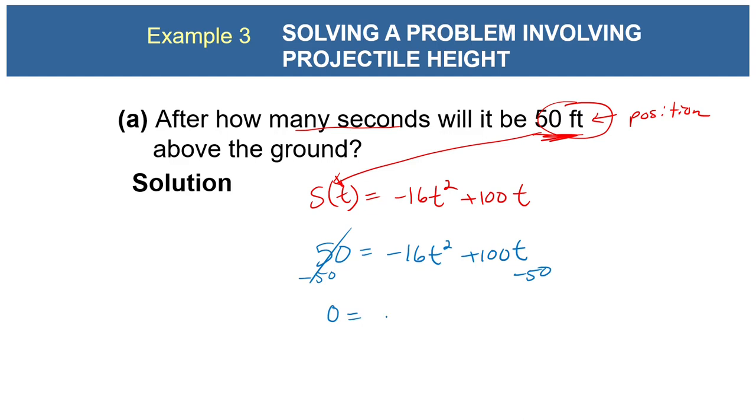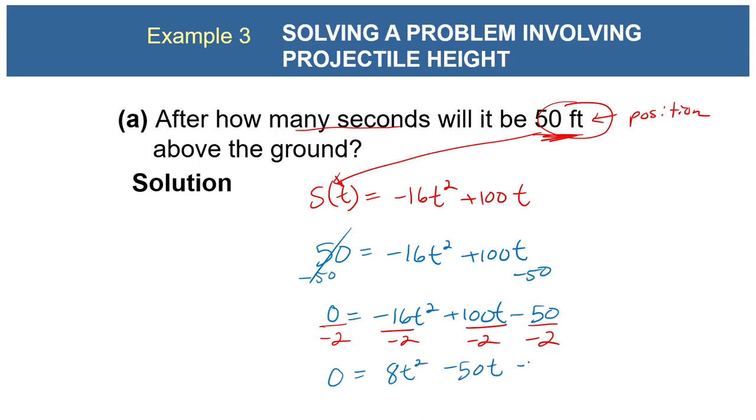We have 0 equals negative 16t squared plus 100t minus 50. Let's divide everything by negative 2 just to simplify this expression. We have 0 equals 8t squared minus 50t plus 25.